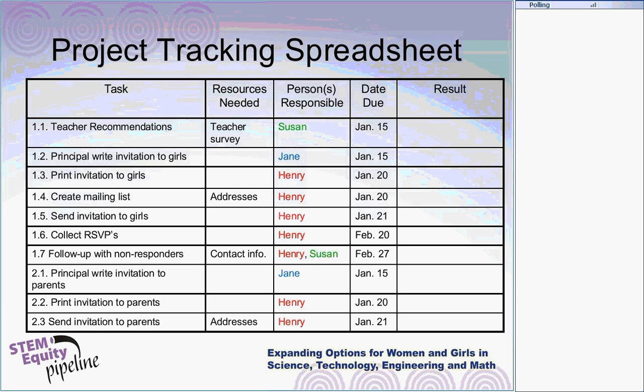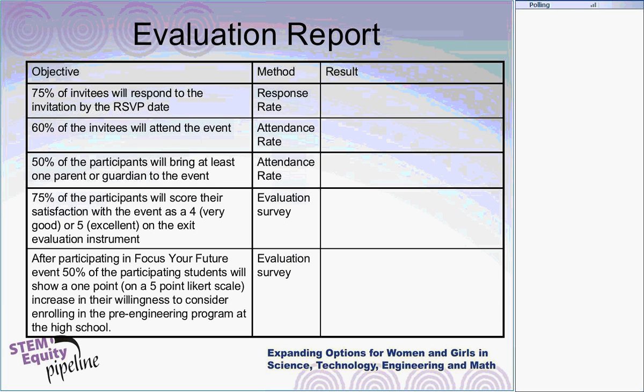Now remember, going back to the evaluation report, that many of these process outcomes or process objectives you will be able to report on immediately following the event because they're all basically measuring the process of the implementation. The summative evaluation or the outcome evaluation that we talked about earlier, you'll recall, one of them you would be able to report immediately upon the completion of the event.